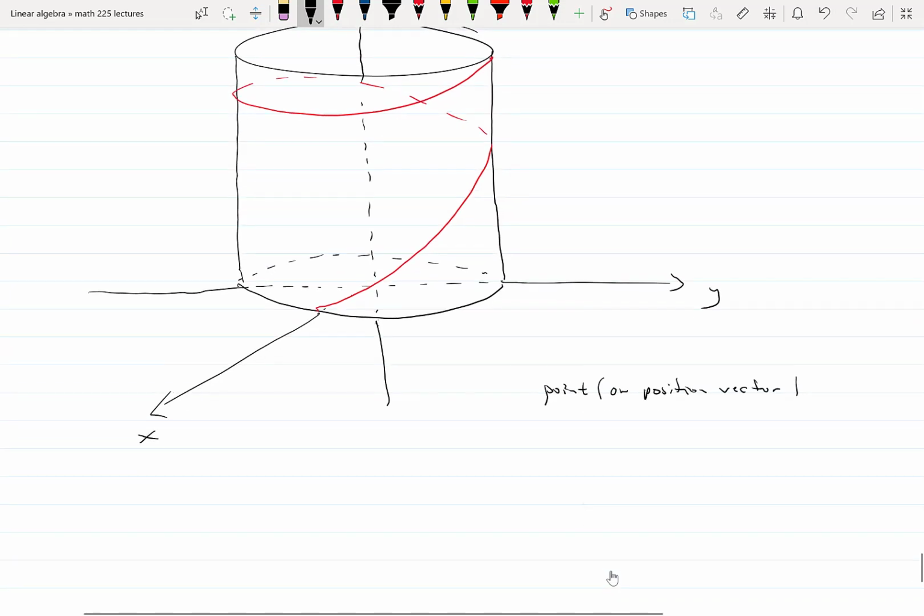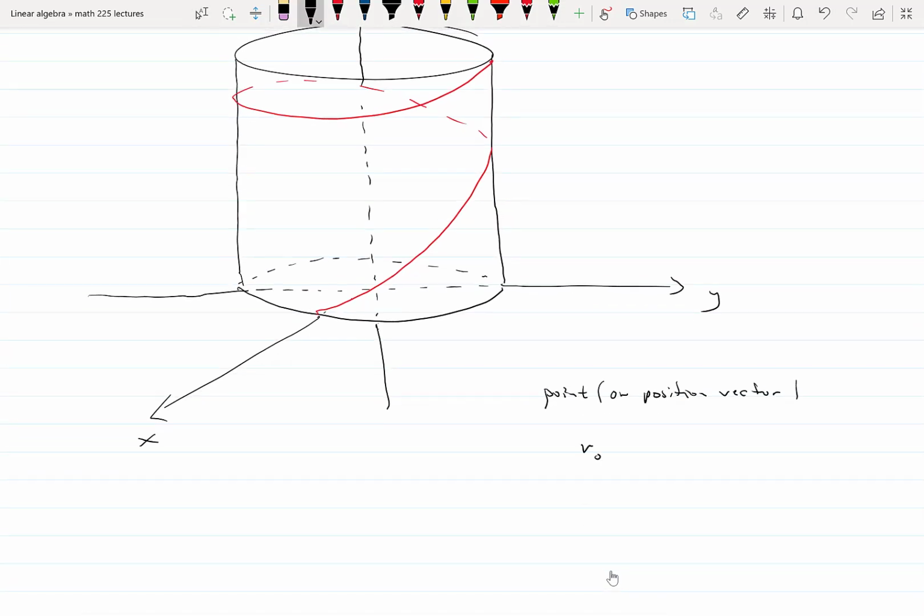It is given by R sub 0 equals the position vector on the helix at the time in question, pi over 2. And that's nothing more than the vector whose components are cosine of pi over 2, sine of pi over 2, and pi over 2.